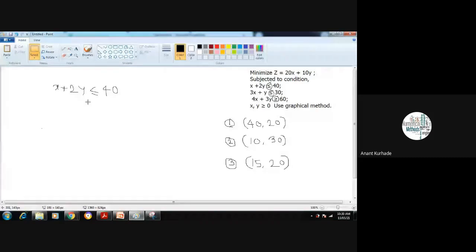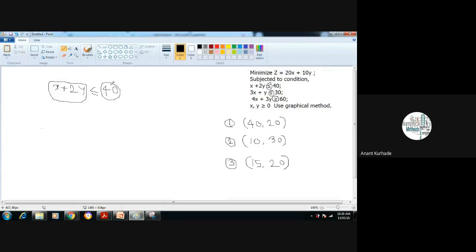Now here, x plus 2y is less than or equal to 40. We have to convert this inequality sign into equality form, so you have to add or subtract the slack variable. It is given less than or equal to. Less than sign means the left hand side has less value than the right hand side.